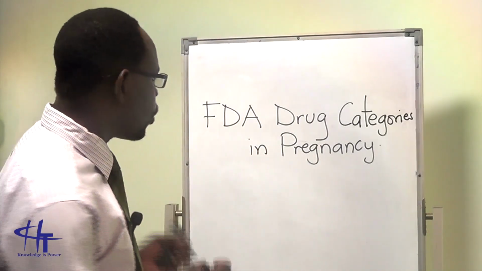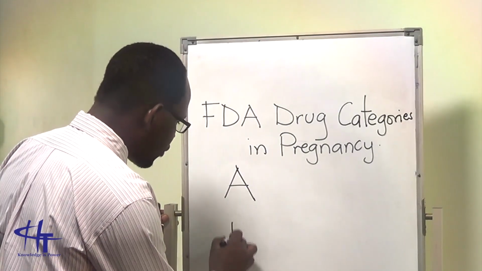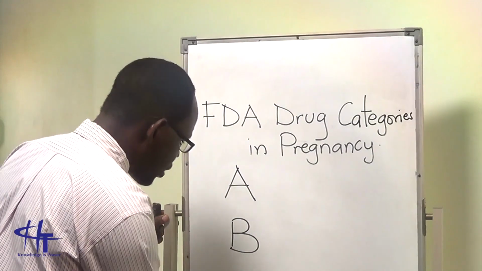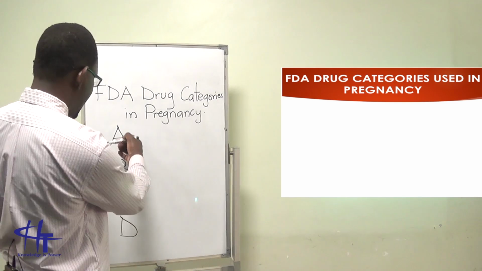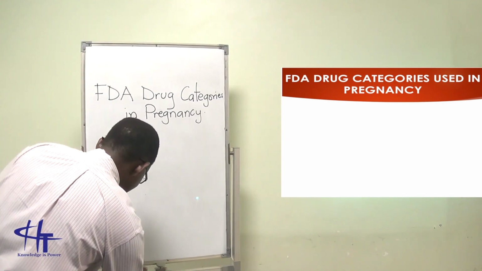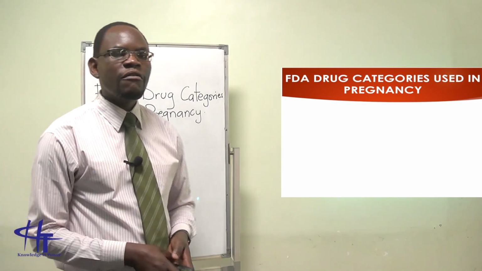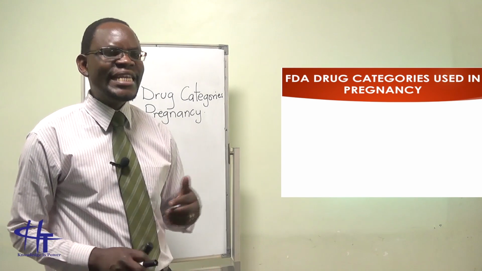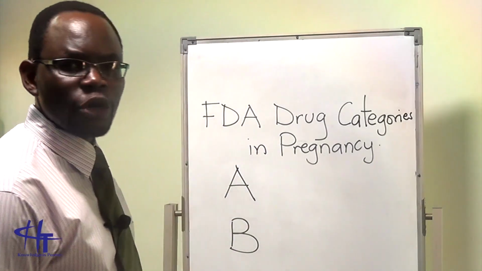Now, these categories are divided into four. There's what we call category A, category B, category C, category D. Actually, there are five: 1, 2, 3, 4, and then there's a category X. Now, the different drugs that we have on the market today, or in all pharmacopoeias, have to fall under each of these.